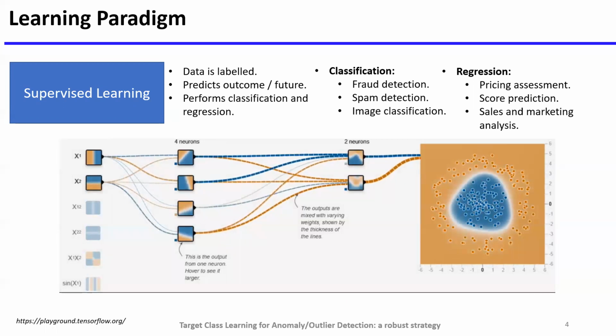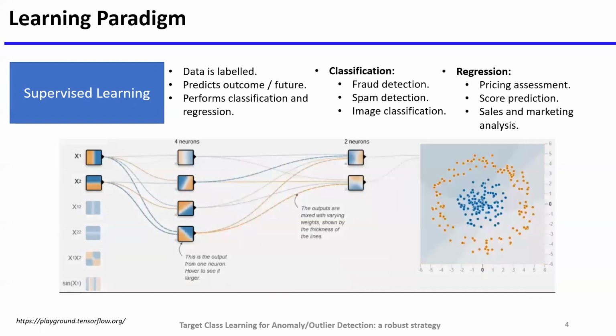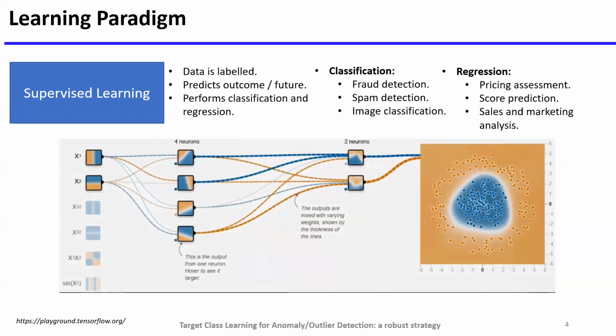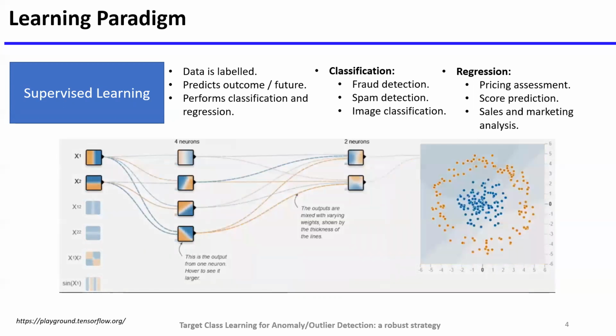In supervised learning, the data is labeled, and with the help of this labeled data, we predict outcomes or future instances. And here, the main objective is to perform a typical classification task or a regression task.